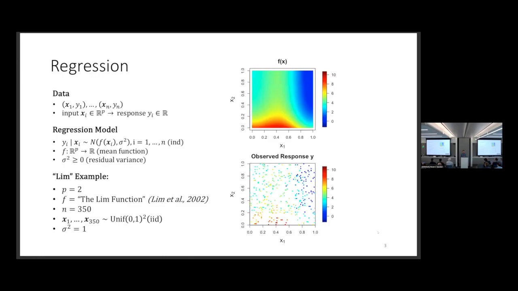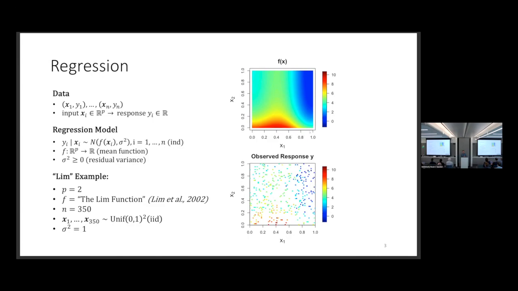And then for the rest of the talk, I'll use this simulated example as my toy example. Here I'm just looking at P equals 2 inputs, and the mean function I'll be looking at is called the Lim function. It comes from this paper by Lim et al. The mean function is shown on the top right here.